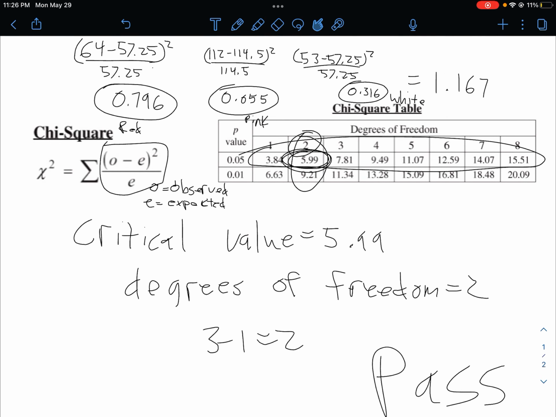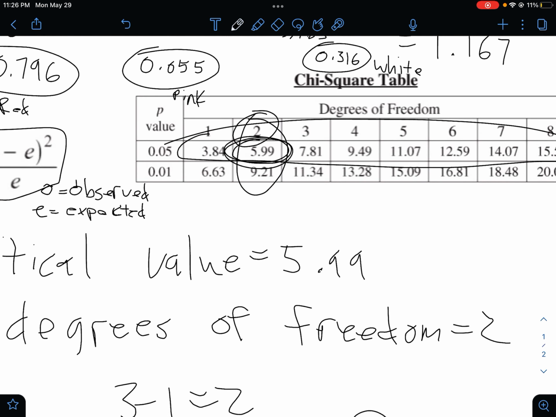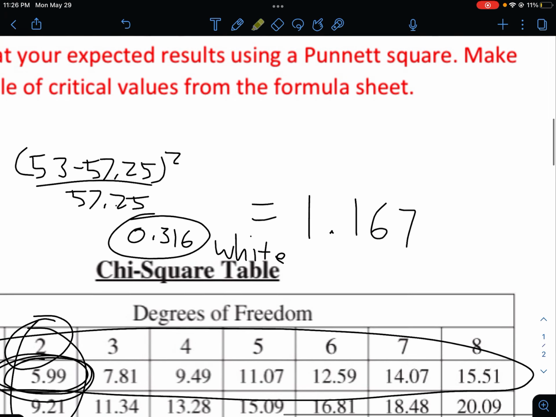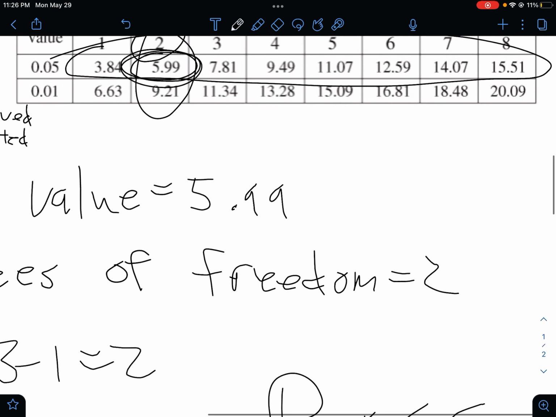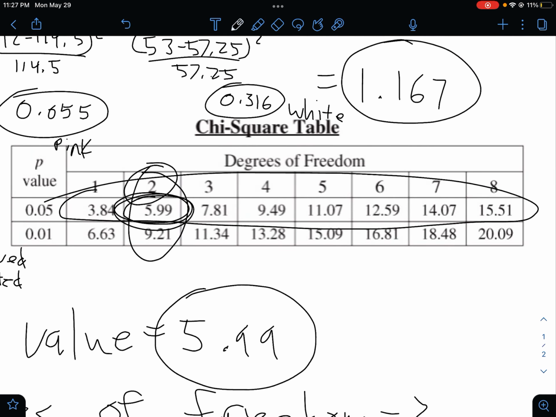And so what does the 5.99 mean? It represents the p-value and the critical value. For the 1.167, which was your final answer, you would have to see if the 1.167 is lower than your value.